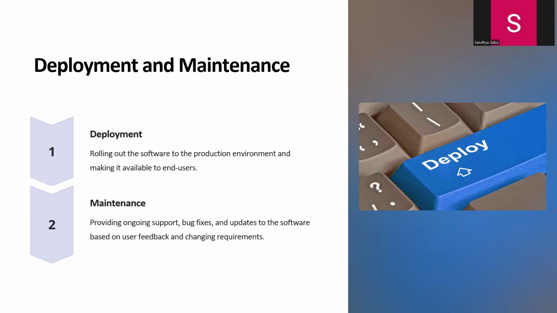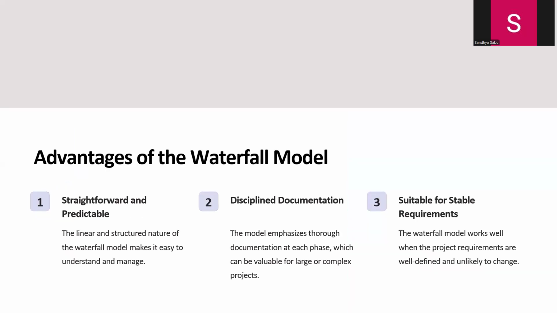Next, last stage is maintenance. Maintenance is considered the final phase of the waterfall model, which involves fixing any issues that arise after the software has been deployed and ensuring that it continues to meet the requirements over time. So what are the advantages of the waterfall model?